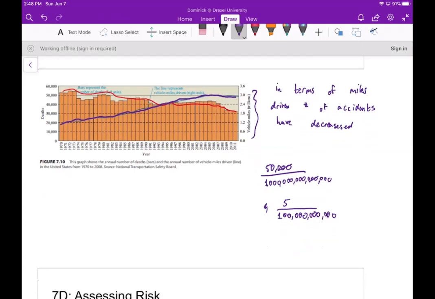Now, that might seem like a very small number, but if we compare that to, say, 2011, when the miles down here is about 3 trillion, and now we have that the number of deaths is around 32,000.